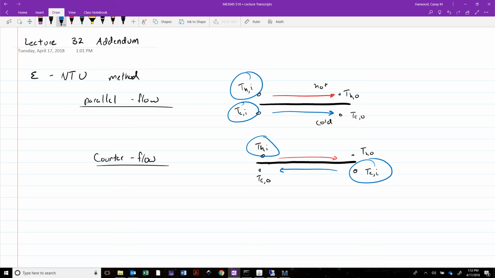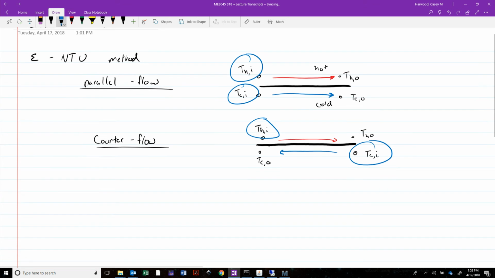But we might not know the outlet temperatures. Maybe we do. In fact, in the example we're going to solve here in a second, we will. But this sort of situation where we don't have all the information is what gives rise to this Effectiveness NTU method.